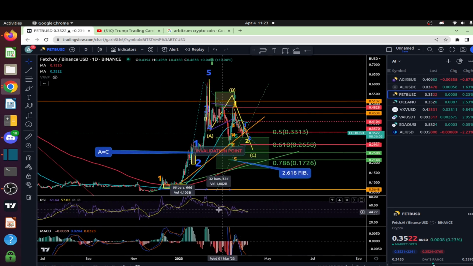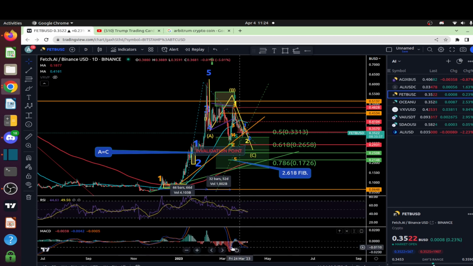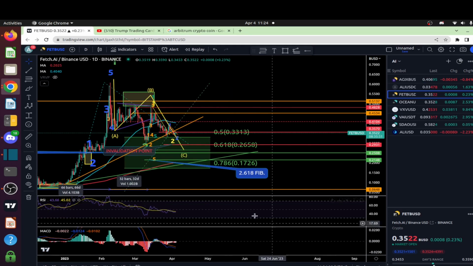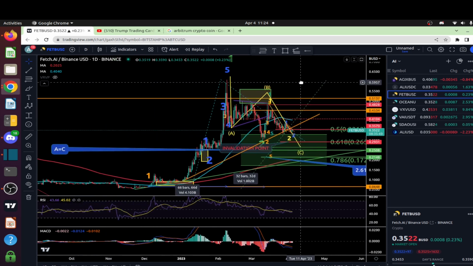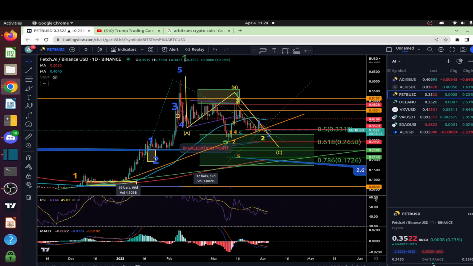So as you can see, RSI is still in decline, and MACD, as you can see now, we're doing a smaller wave than the previous one, so that's also a good sign for a nice future maybe. And if I do a trend line, I can see that RSI is starting to be a little bit more bullish, while the price is still going down.